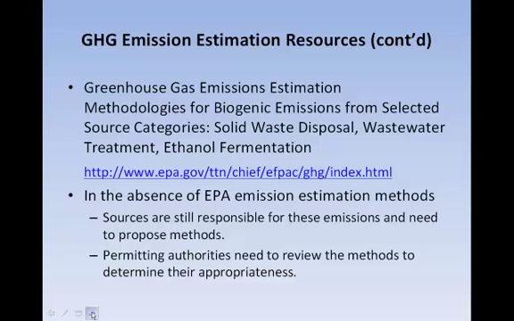Whether there is an EPA reference document or not, sources are responsible for including all greenhouse gas emissions in their applicability analysis and will need to propose methods for assessing and measuring their emissions that are adequate for greenhouse gas permitting requirements. Permitting authorities will need to review these methods to determine their appropriate application for greenhouse gas permitting.